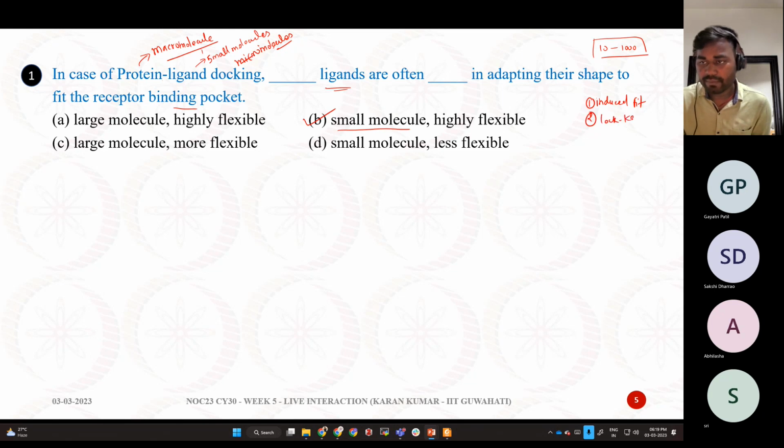So how do you understand the lock and key mechanism? In the lock and key mechanism, it was proposed that both the enzyme and its substrate are complementary to each other and have a rigid structure.